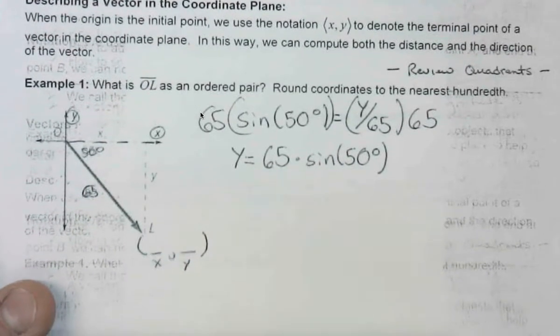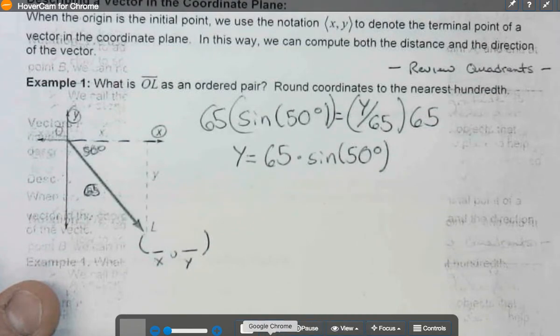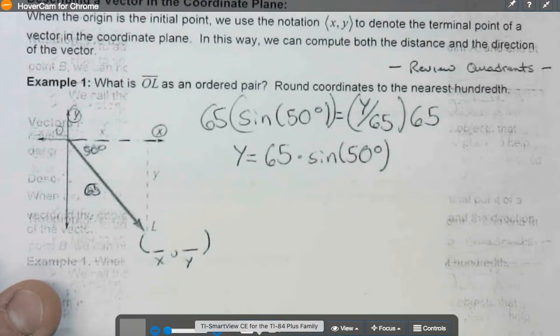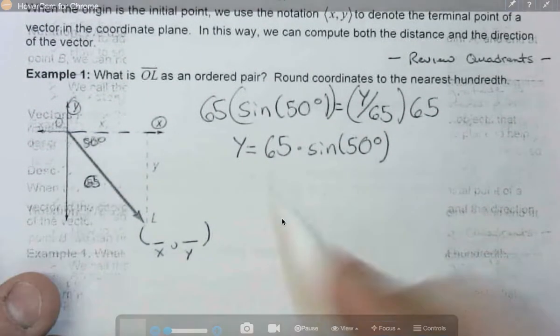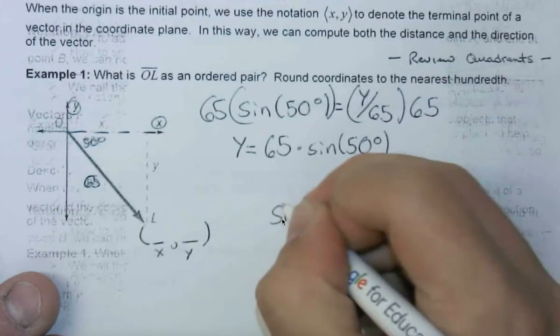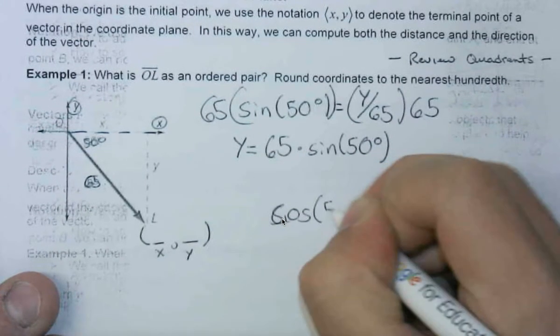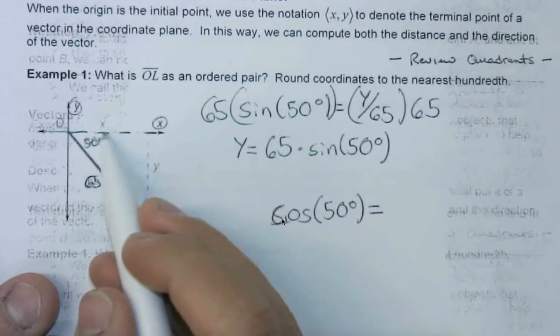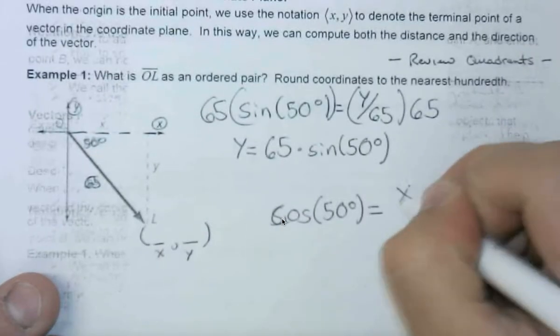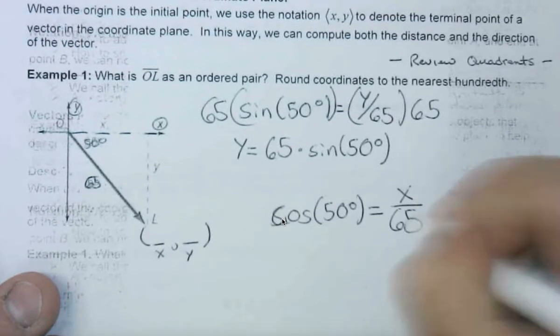How can we get the x-coordinate? What do you think? How can we do that? Well, I know the x-coordinate's up here. I know that I can still use 50 degrees, but let's try it with cosine now, where our adjacent is x, and this is over 65.